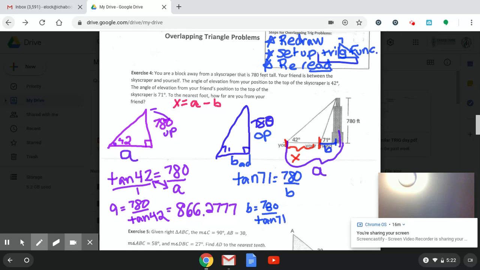Now again, that's a little clue. When your variable is in the denominator, you're really going to flip-flop those positions so that B goes in place of the tan 71, and tan 71 goes down to that denominator.